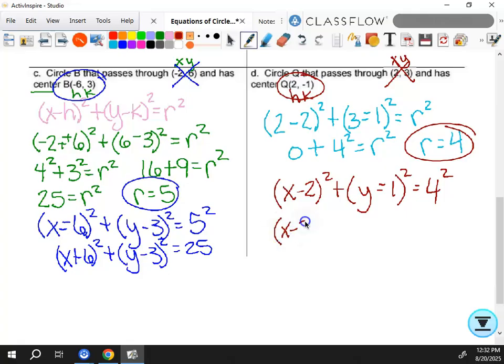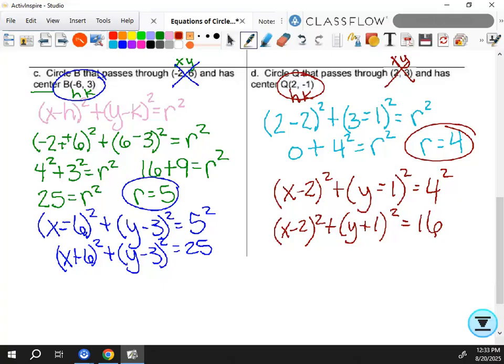It's got to be (x minus 2) squared plus (y plus 1) squared equals 16. Okay. What questions do you have? Anything? We all good? Swap this to a plus. Yeah, minus a negative, just make it plus. Okay. Anything else? We good?